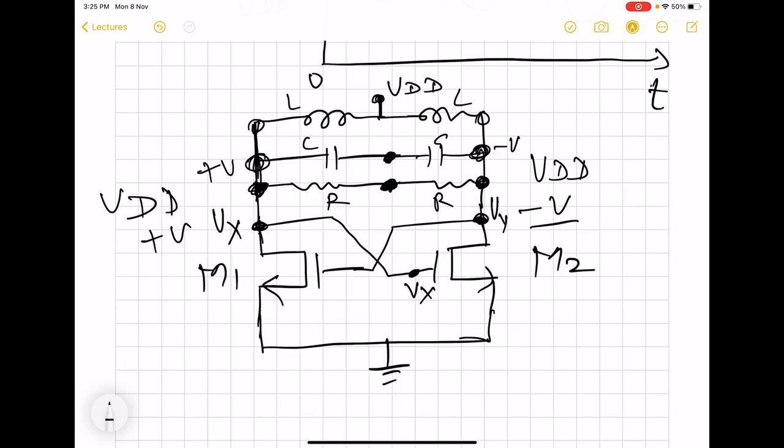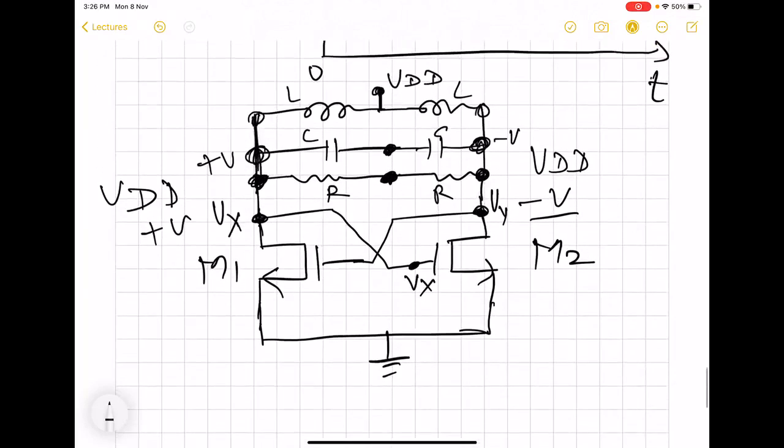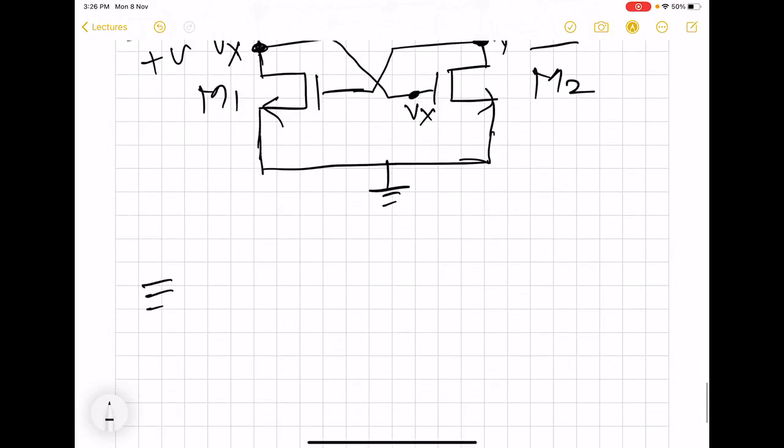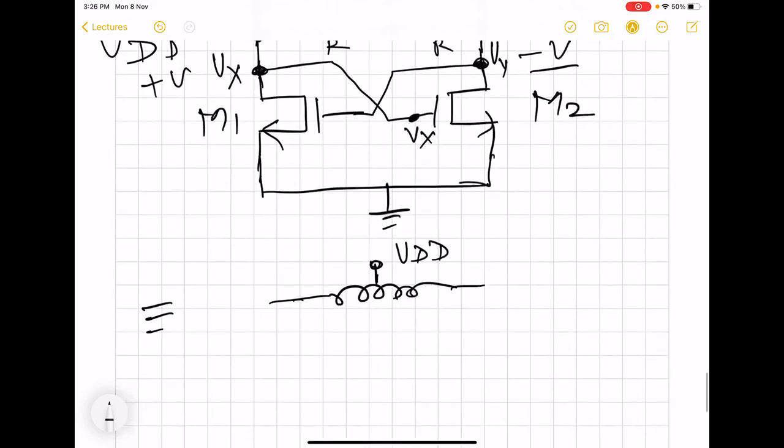We saw that we need not connect VDD to the other end of all the three elements. One is enough. This allows us to combine the two resistors, two capacitors, and similarly two inductors to create another equivalent circuit like this. We now have a single inductor with center tapping, and the center point is connected to VDD. For DC purposes, this is equivalent to what we had earlier.